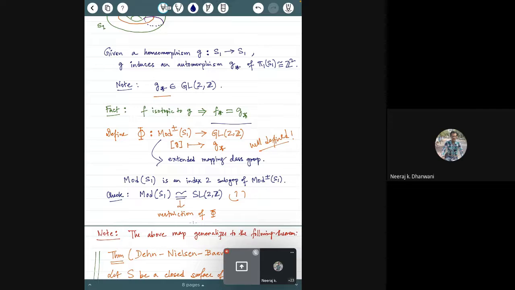The equality is because on the torus this is the same as homology. So if you're looking at the action on homology, they become equal. But on the fundamental group, they'll be conjugate.